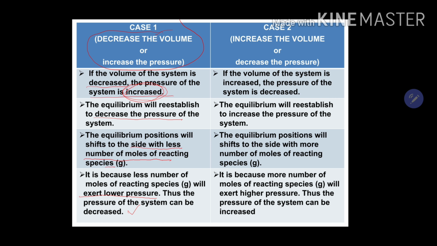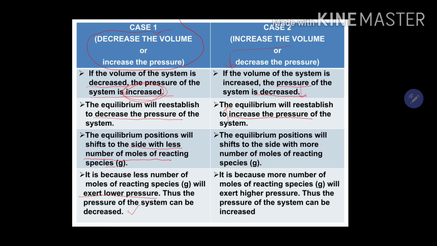Okay. Now, the second case: if we increase the volume or decrease the pressure. If the volume of the system is increased, the pressure of the system will be decreased. So the equilibrium will re-establish to increase the pressure of the system.